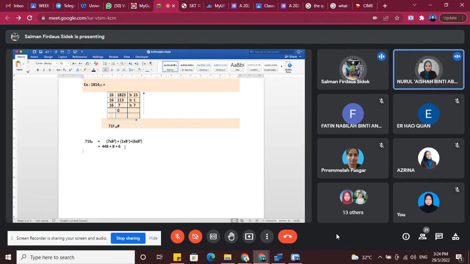Berapa jawapan dia? 462. 462, base apa ni? 10. Ini cara untuk convert ke decimal ya. So base 10 lah. Okay, next.